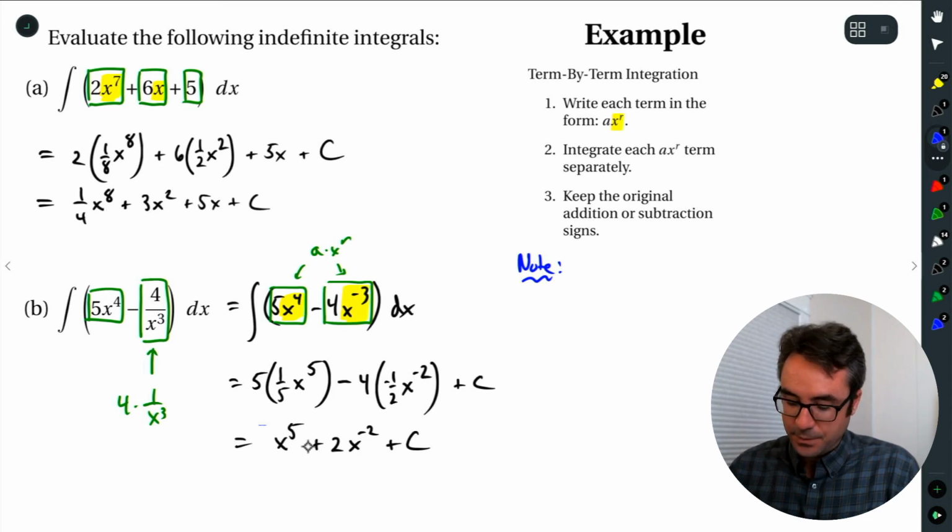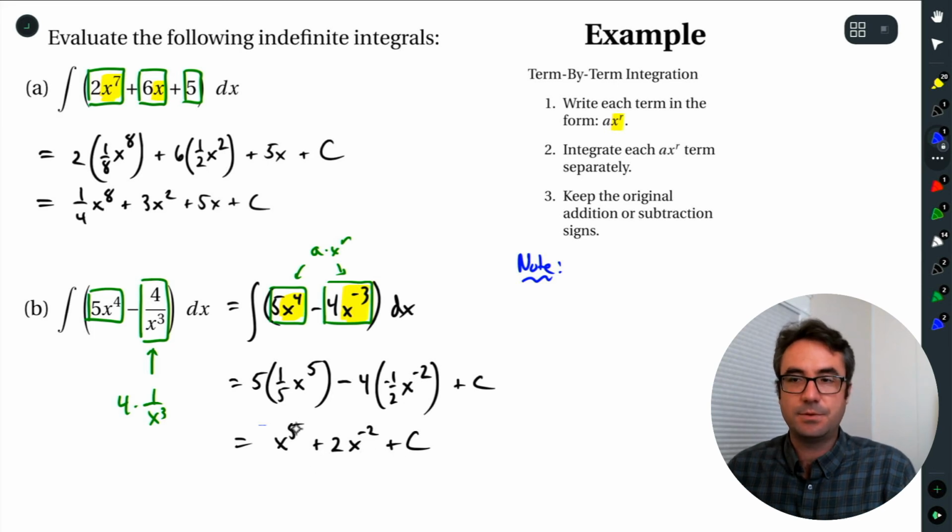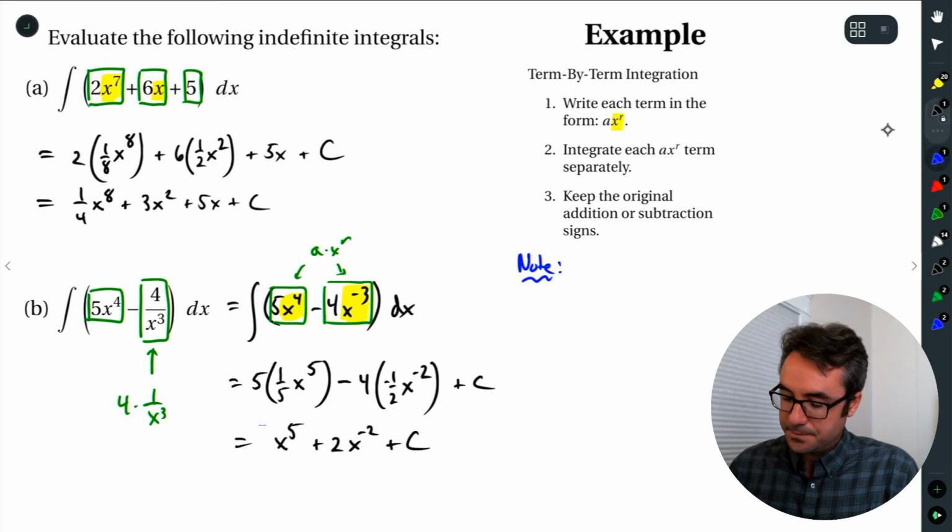So for instance, if we wanted to check this, maybe we get the power rule right or something like that, we can start with our answer: x raised to the power 5 plus 2x raised to the -2 plus c, and we can just differentiate this.